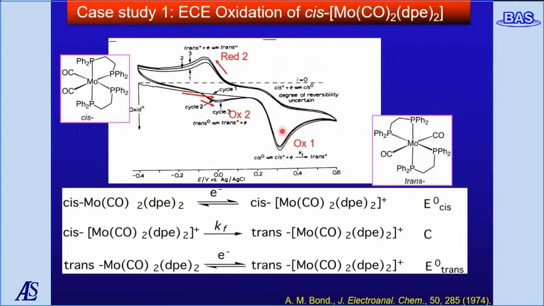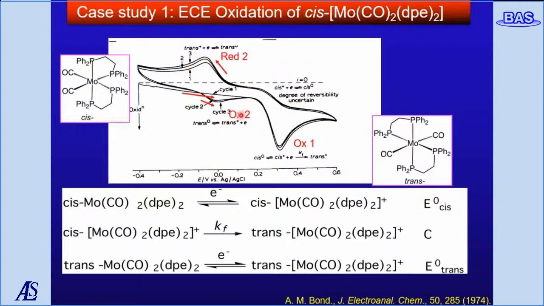No corresponding reduction peak was observed. Instead, a new reduction peak, RED2, appeared at minus 0.1 volt, and the corresponding anodic peak OX2 was seen.